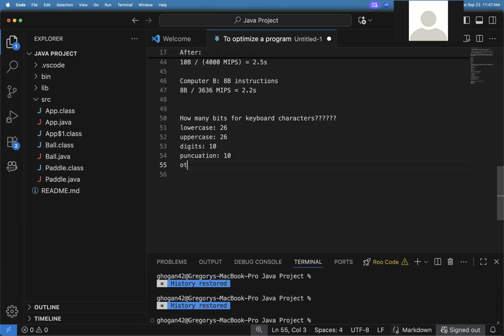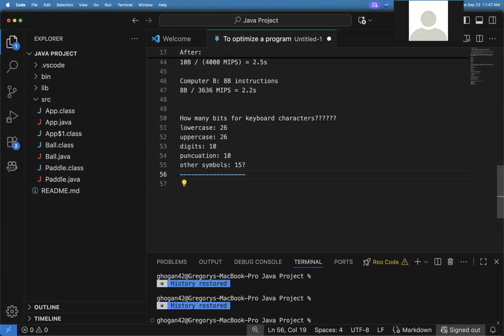And then you could have other symbols that might be useful. Like asterisk, ampersand, pound sign, at symbol, other stuff, triangular brackets, slashes. There's quite a few of these. I'm just going to say 15, just a guess there.